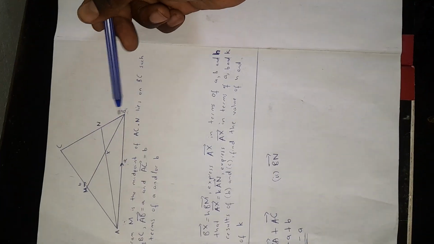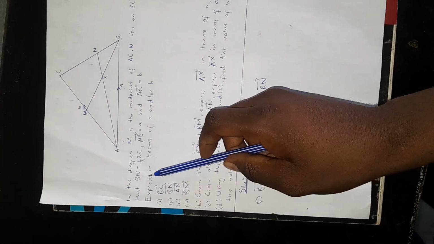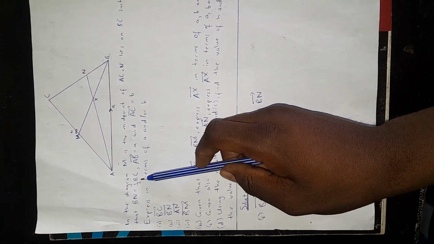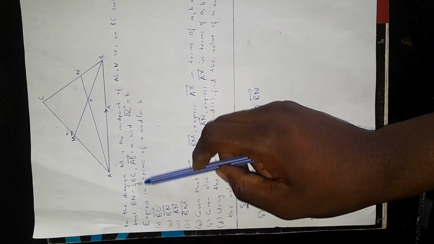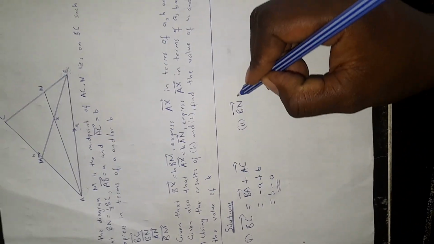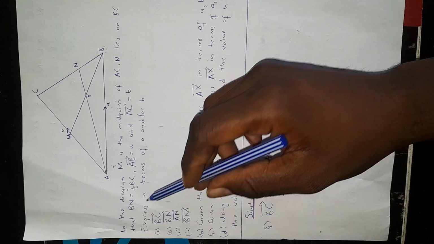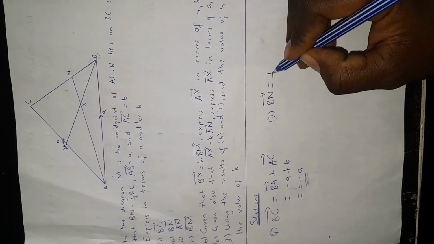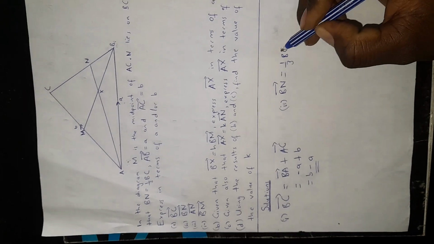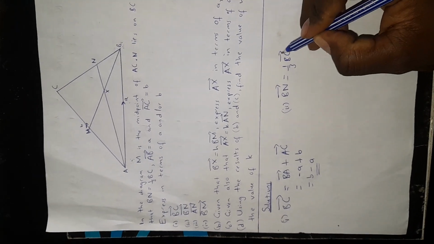So now we can go to BN. If you look at our information, BN is equal to 1 over 3 BC. You have to be careful in vectors and look for any information you are given.